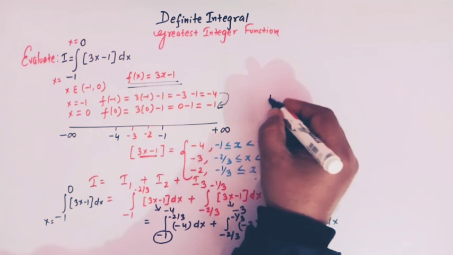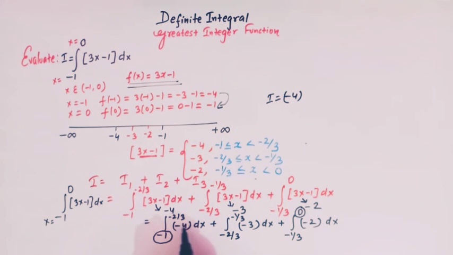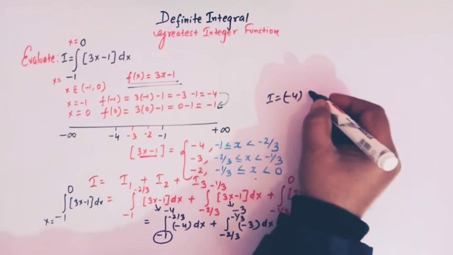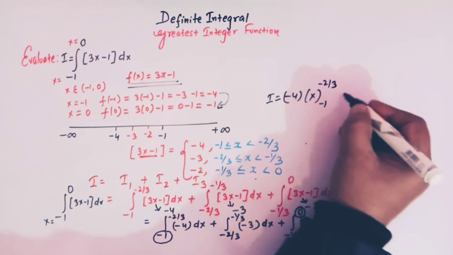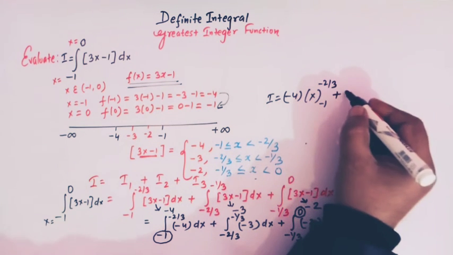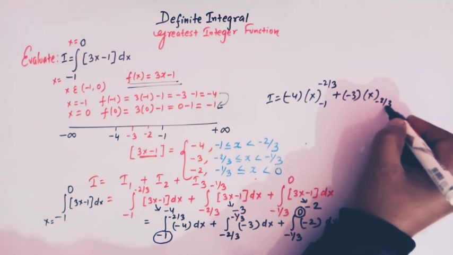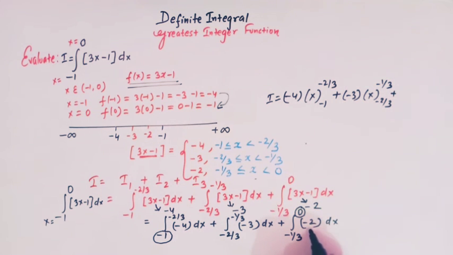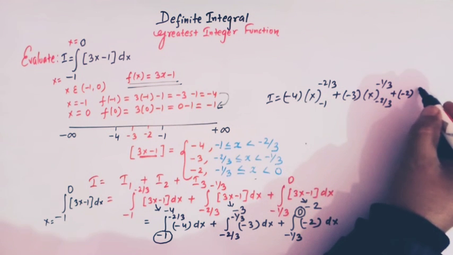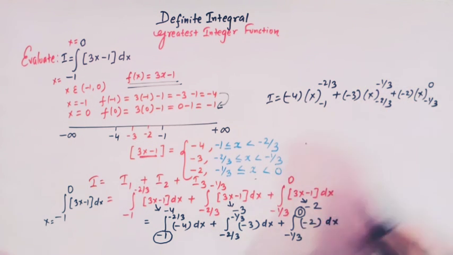So now the value of this integrand is minus 4, and the integral of dx is x. So now we have simply x, limits are from minus 1 to minus 2 over 3, and then we have minus 3, and the limits are from minus 2 by 3 to minus 1 over 3, and then here we have minus 2, and the limits are from minus 1 over 3 to 0, right?